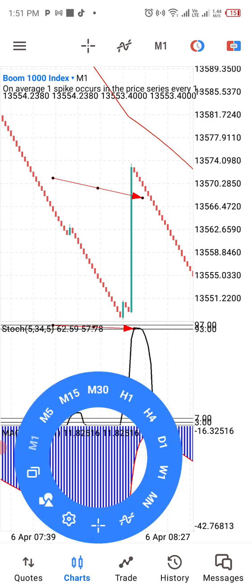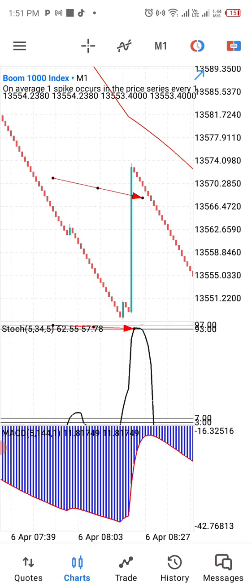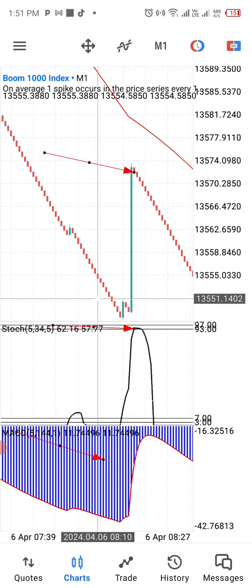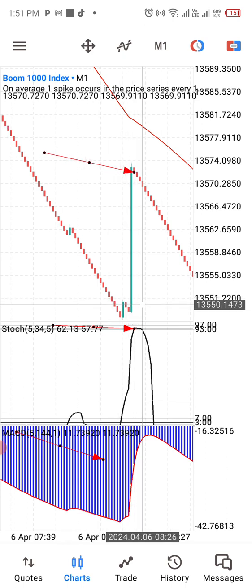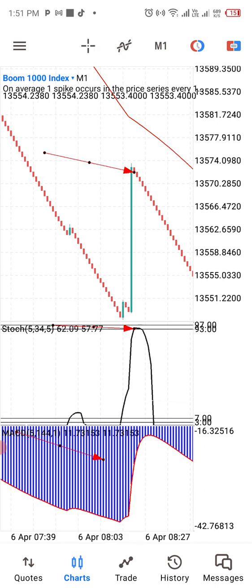And here the MACD bars, all are below zero, which signifies the validity of the signal. Now looking at the signal up here, we are going to pick from here, 1, 2, 3, 4, 5.